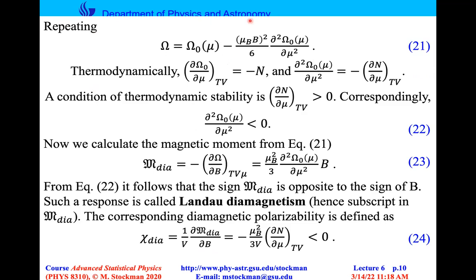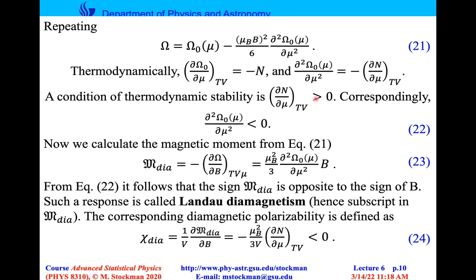Here again, I'm repeating the last formula. So this expression for the Landau potential consists of two parts. This part does depend on magnetic field at zero magnetic field, plus the first correction associated with magnetic field, this term. Now what is thermodynamically d omega naught over d mu? It's the number of particles with a minus sign. And therefore the second derivative, this one, is minus dn over d mu. What we know from thermodynamics is that dn over d mu must be greater than 0.